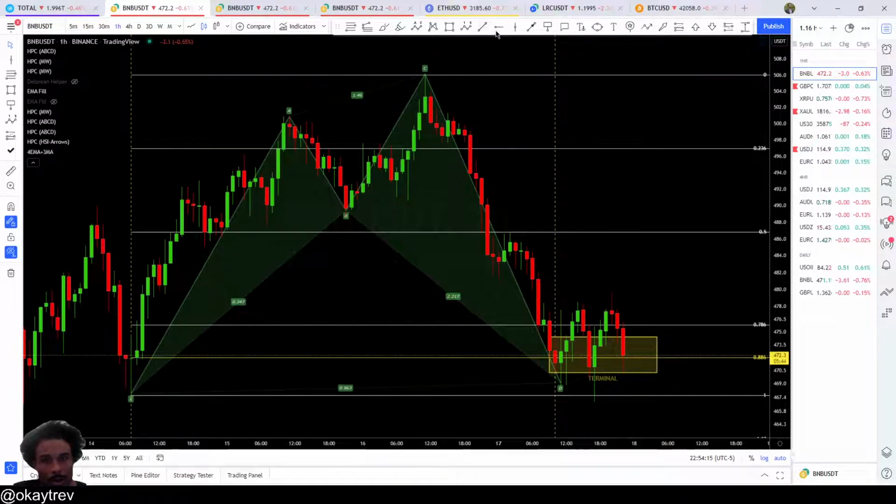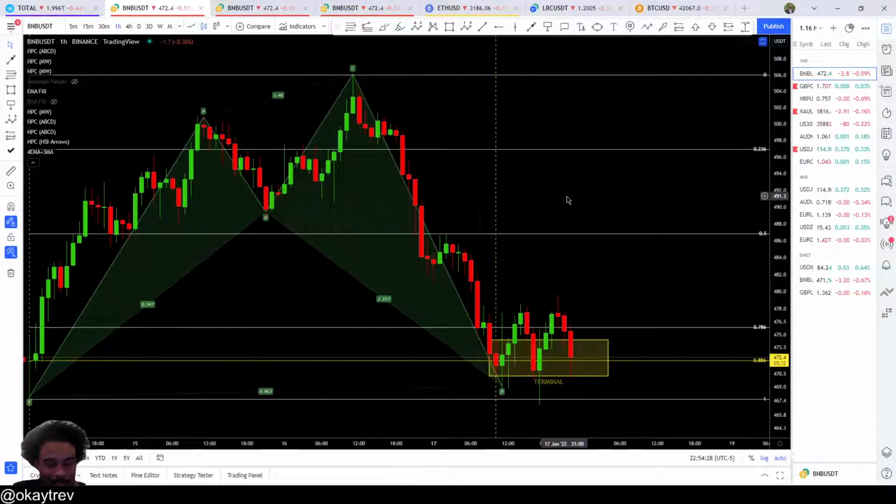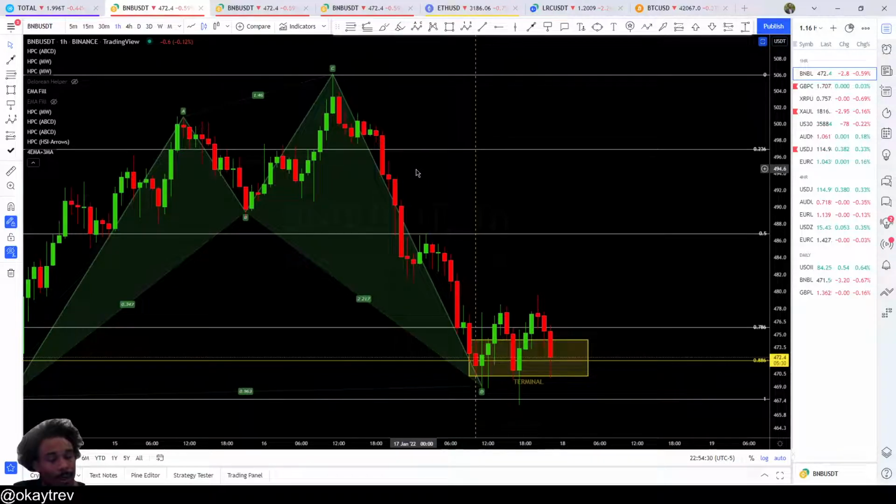I'm also going to mark my trend line. So my trend lines are usually for my A to C point, but sharks are measured a little bit differently. So I'm not even going to put a trend line. Don't even need one. What we're waiting for now is our lower time frame confirmation.